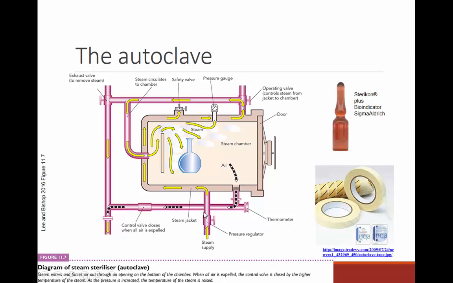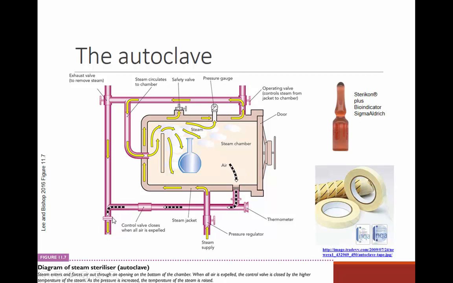And then you turn on the steam supply, and that steam will circulate around, but it will also circulate through. Okay, so that media has to be in contact with that steam. And when that steam comes in, it will actually displace the air that's already in there. Okay, so it's just basically voiding that air.